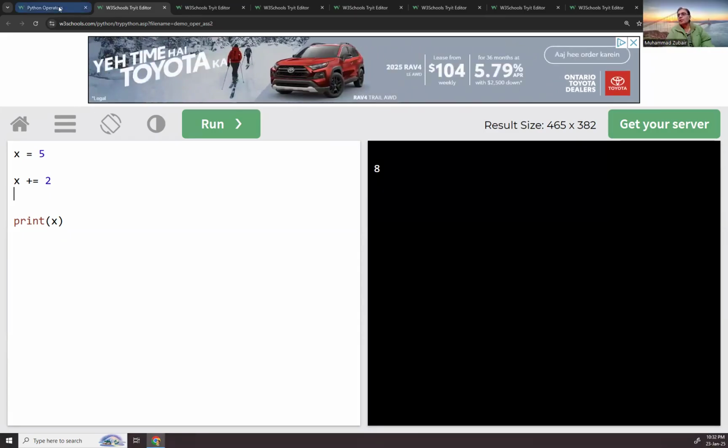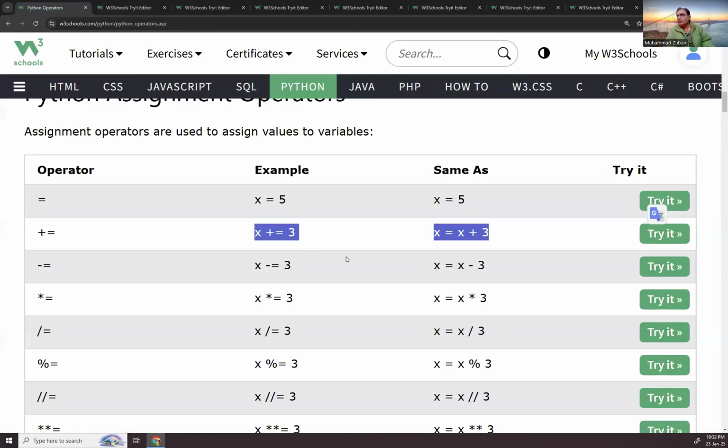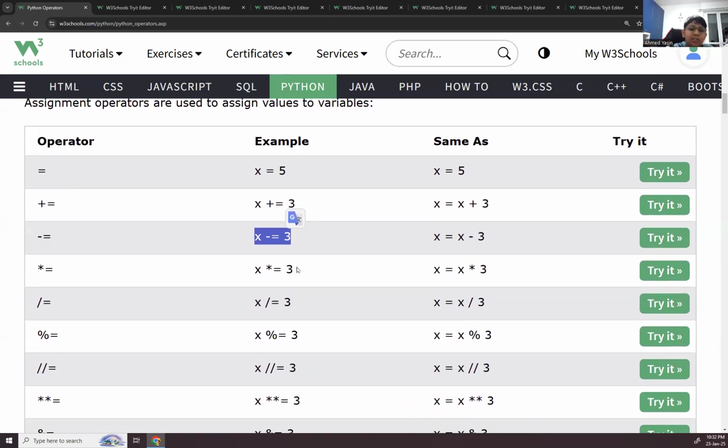Then we can write x is equal to x minus 3. So this is the simple way and this is the modern way, x minus equal 3. That is the same thing.